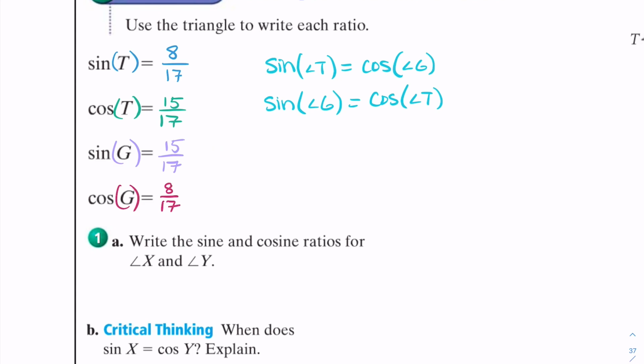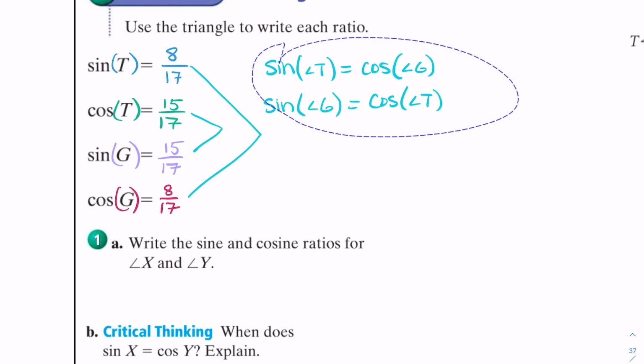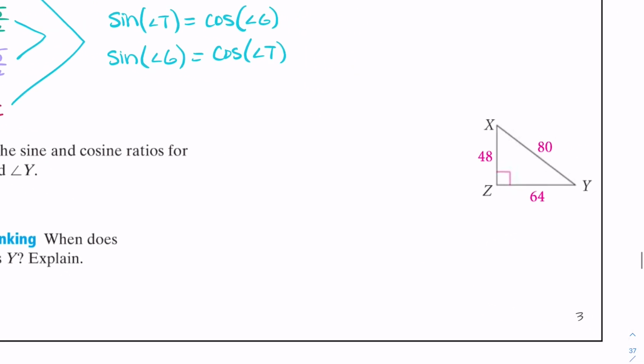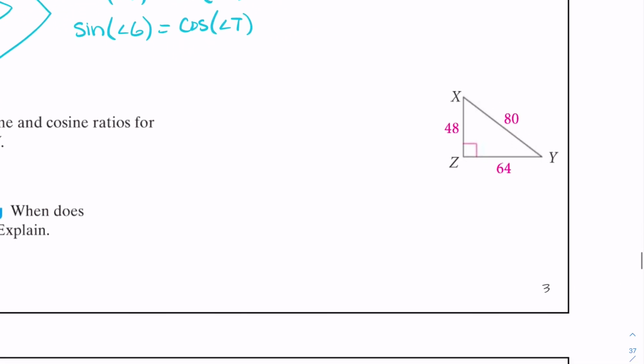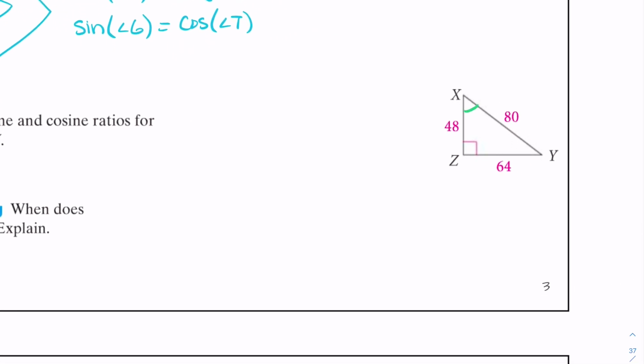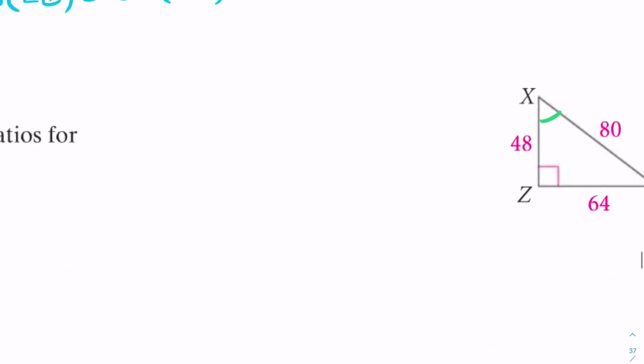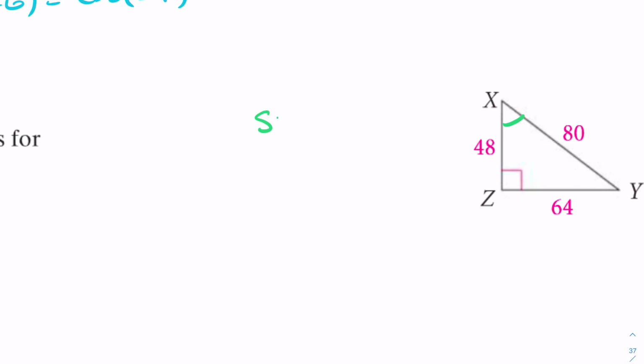Maybe I should do this in a little bit different way. I'll just move this down. Okay, write the sine and cosine ratios for x and y. What we've got to be careful of here is that when we write sine and cosine, we need to simplify.